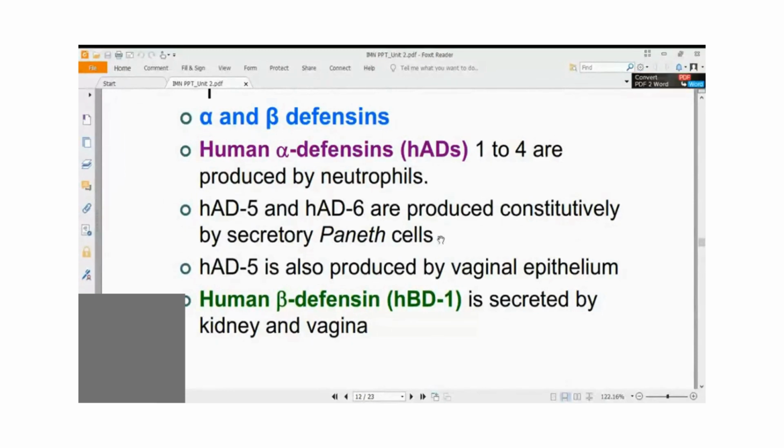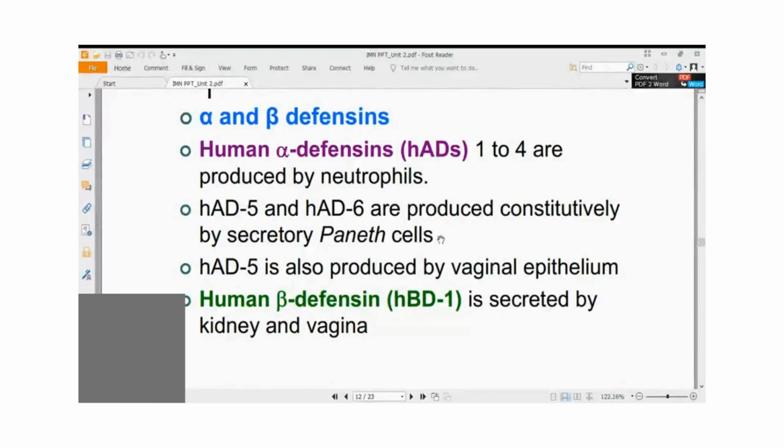And human alpha defensins 1, 2, 3, 4 are produced by the neutrophils, and neutrophils are found circulating in your blood. That means human alpha defensins 1 to 4 are freely present circulating in your blood plasma. Okay, then there is also the epithelium protecting the vaginal surface, which I had told you about. The vaginal surface is protected by mucus as well as the defensins.